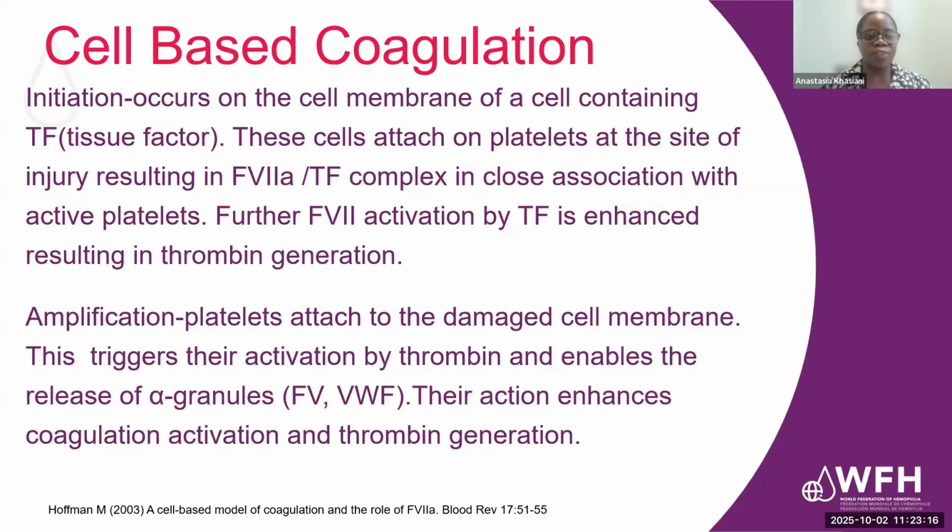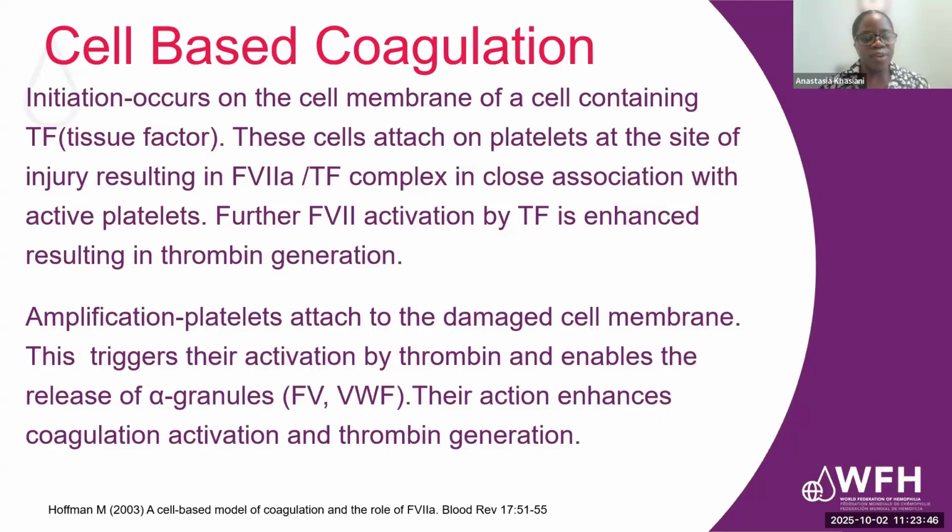The activated factor 7 forms a complex with tissue factor and moves into close proximity with the activated platelets. And then there's further activation of factor 7 in circulation that will continue. This leads to thrombin generation through the coagulation extrinsic pathway activation.